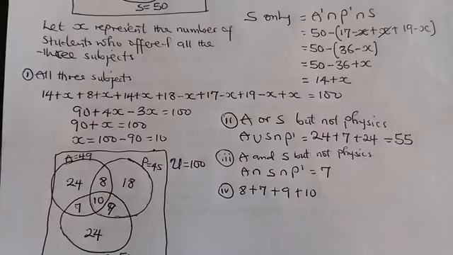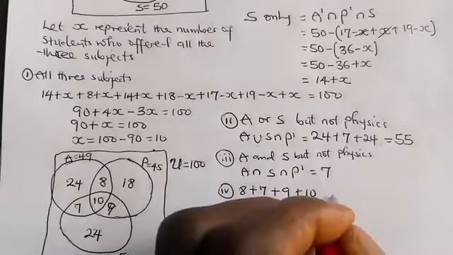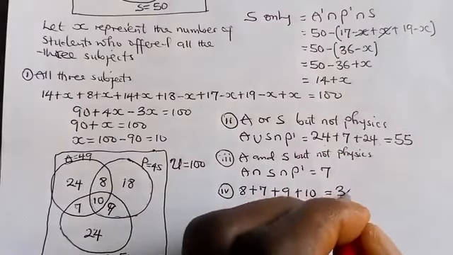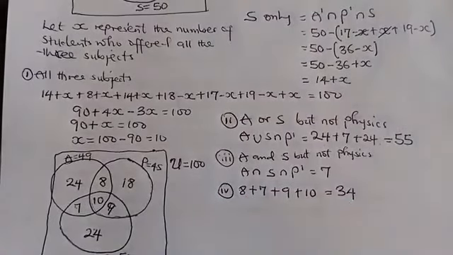Remember, we are attending to at least 2 subjects. So when you sum this, 8 plus 7 is 15. 15 plus 9, we have 24. 24 plus 10, that's 34. So in that survey, 34 students offered at least 2 subjects.